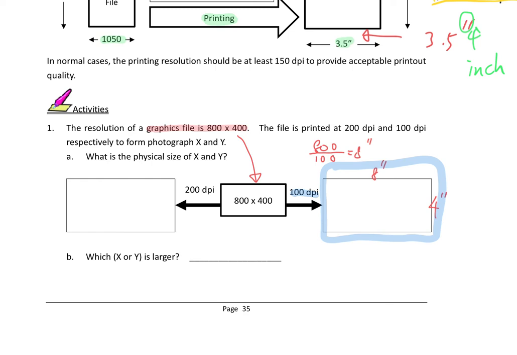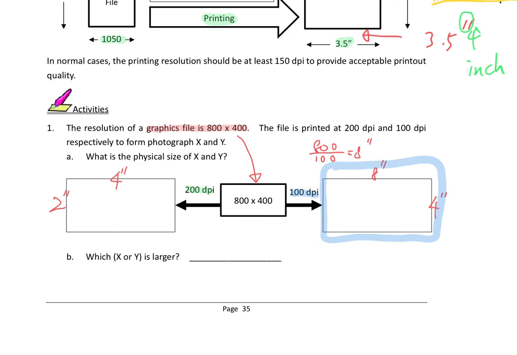On the left hand side, at 200 dpi, the number of dots within 1 inch is increased a lot, doubled. We use the same calculation: 800 divided by 200, the width will be 4 inch and the length will be 2 inch.